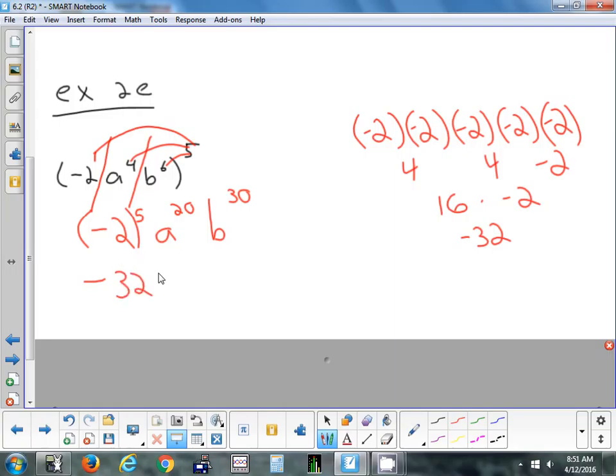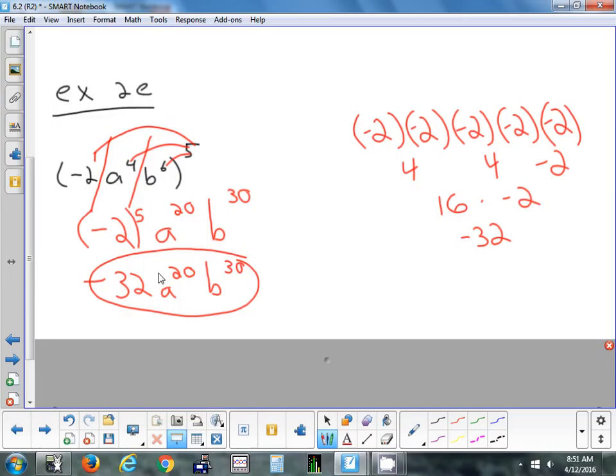There's nothing else I can do with my A to the 20th or my B to the 30th. The biggest thing, guys, is if those numbers are small enough, we need to simplify. When you have a number with an exponent attached, you need to simplify, like I did here with the -2. If you have a calculator, it's even easier.